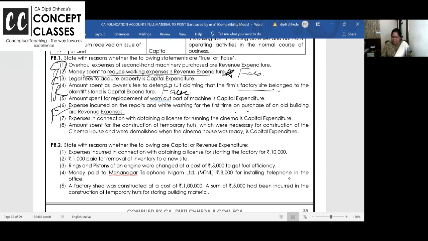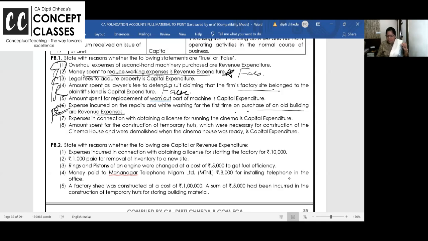Is revenue expenditure. False. It's a capital expenditure because you are purchasing the building for the first time and you are doing routine repairs. See, when you have building, machinery, koi bhi asset hai, laptop, you need to put antivirus. So routine repairing expenditure are revenue expenditure.